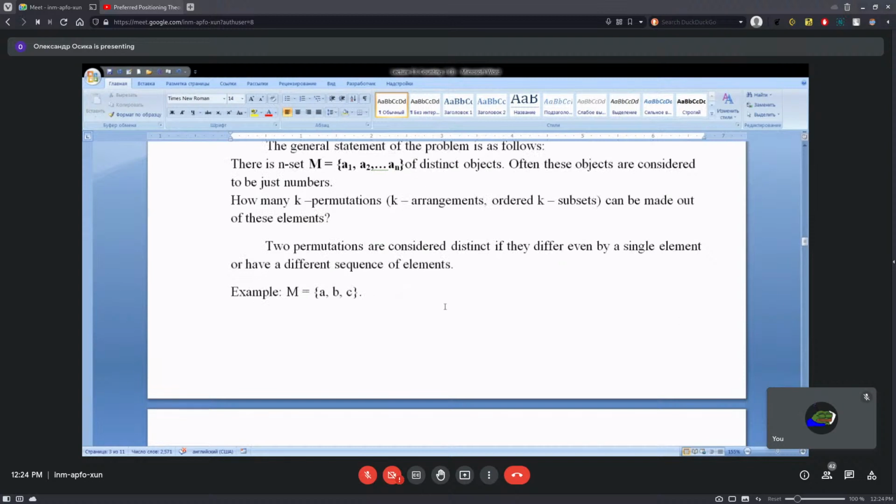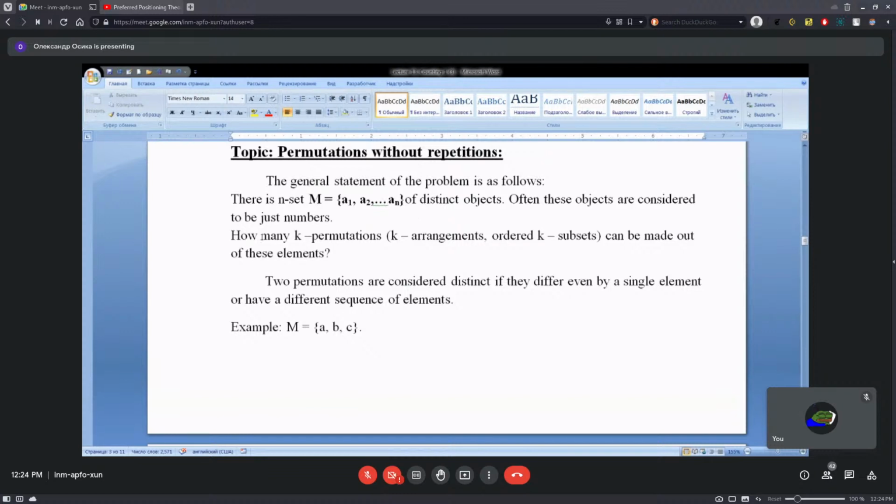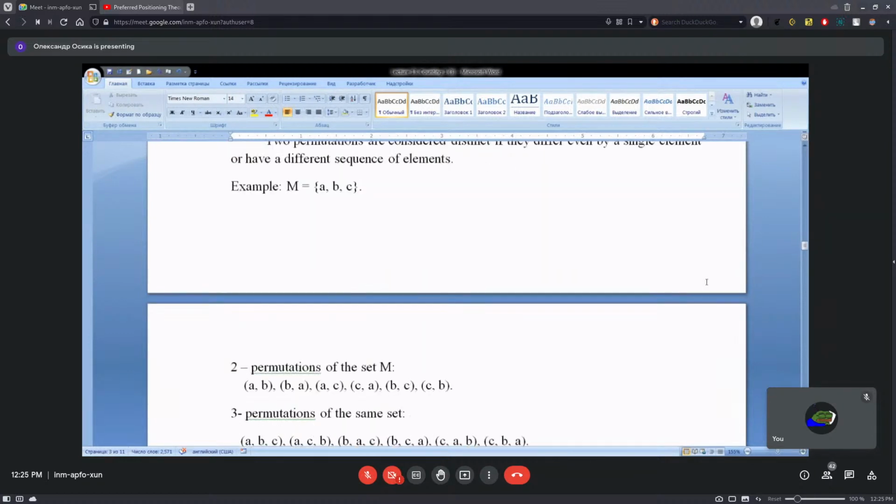So we considered the situation, and the question was how many k permutations can be made out of these n elements. Two permutations are considered distinct if they differ even by a single element or have a different sequence of elements.